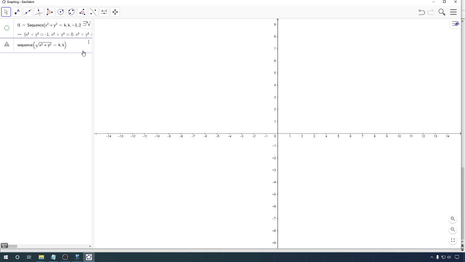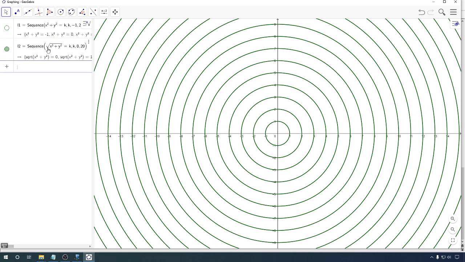Again, our variable is k, and I guess we still don't want to go to negative numbers because we can't get negatives out of that. So let's just start at 0 and still go to 20. And there we go. This is a very similar expression, just with a square root there.